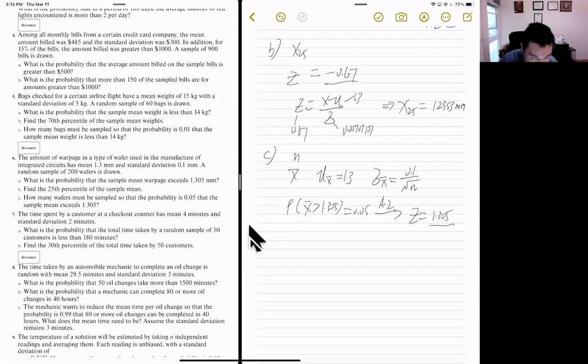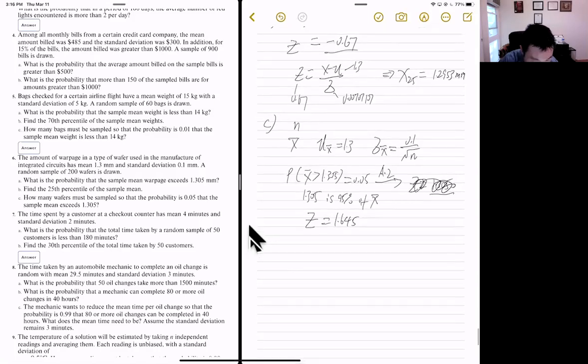So 1.305 is the 95th percentile of the distribution of the mean value of x. Sorry, that's not the z-score. The z-score we found based on table 8.2 is equal to 1.645.